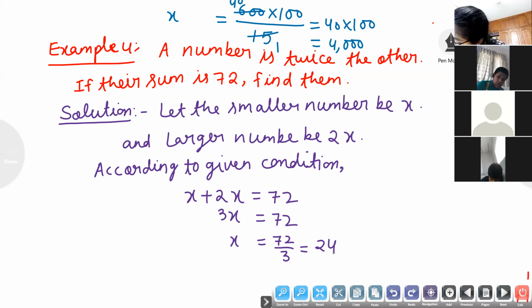Now, if the value of x is 24, then I can say the smaller number is 24 and the larger number will be double of that number, 48.